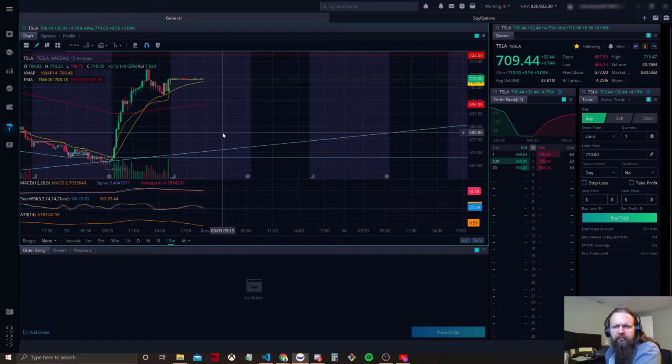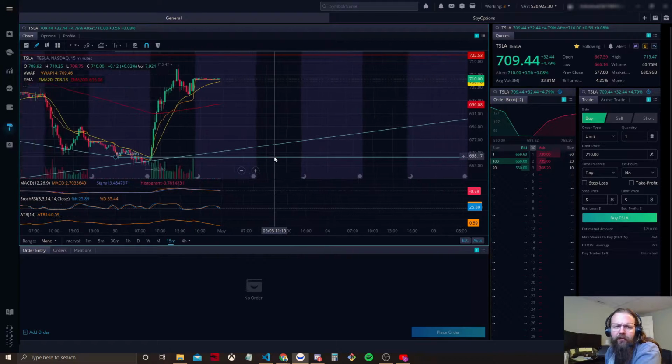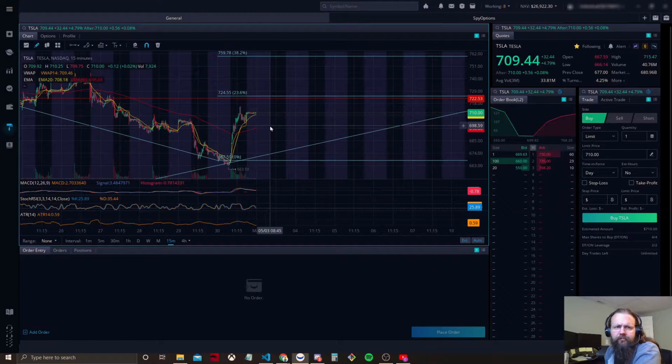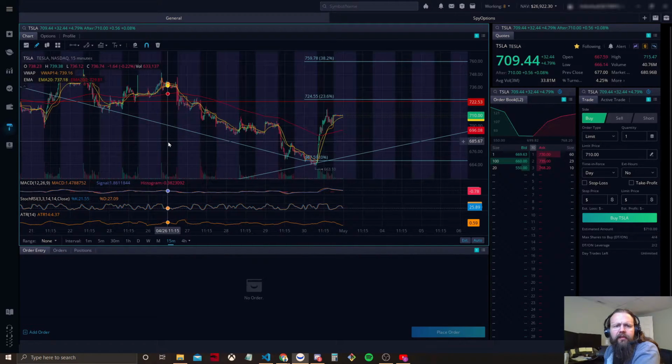I also have written down 685, which is around this level, because it's the top of this large engulfing candle. But it's still above my trend line. Now if it starts breaking lower than that, that could mean this is a false breakout, and that would invalidate our new trend, and this downtrend could continue.